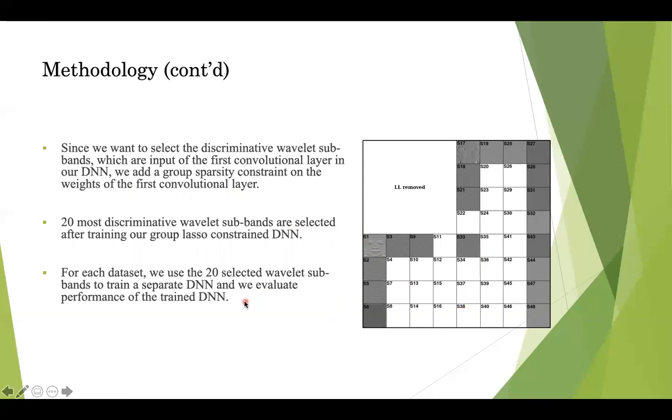And as I mentioned before, this subband selection is done based on the universal dataset. However, we use these 20 discriminative subbands to train separate deep neural networks for each dataset, and we evaluate the performance of the trained deep neural networks for each dataset.